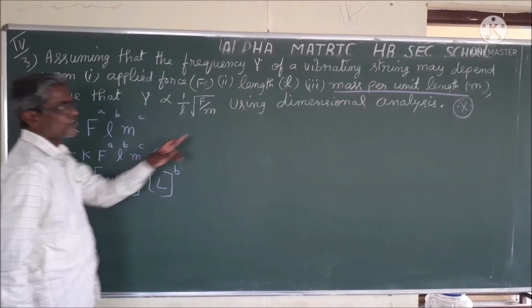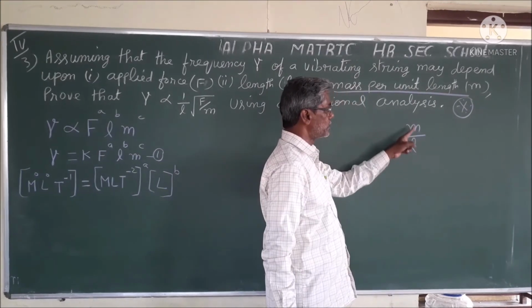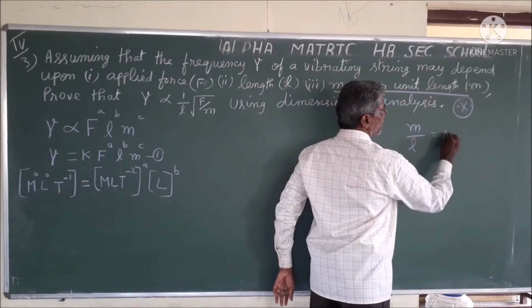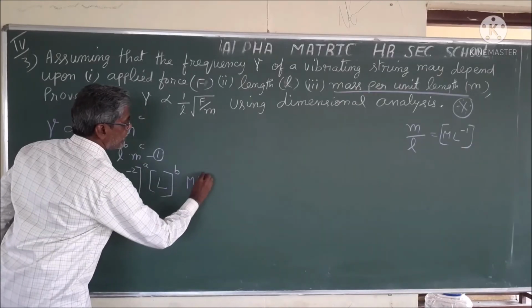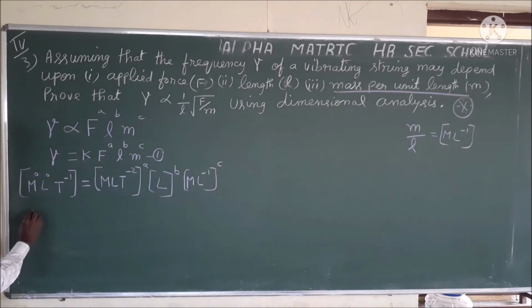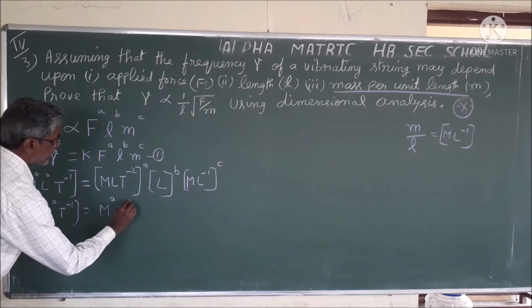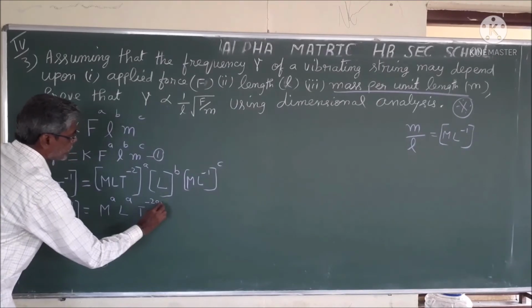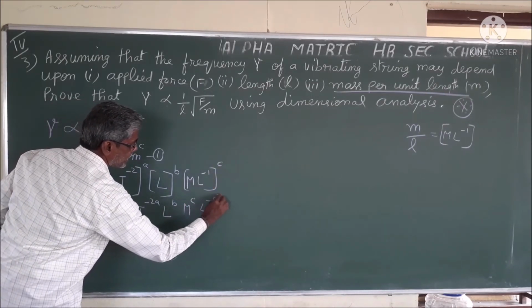And here m is mass per unit length. Mass per unit length, so the dimension is M L to the power minus 1. So I will write it as (M L^-1)^c. Understood? So M^0 L^0 T^-1 is equal to M^a L^a T^-2a times L^b times M^c L^-c.